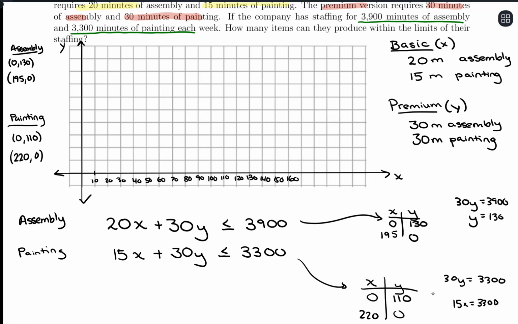Okay, that should be good. So my two coordinates, from the line for assembly, let's see, I'm going to use blue for the line for assembly. It would help immensely if I actually did my axes correctly. Sorry.